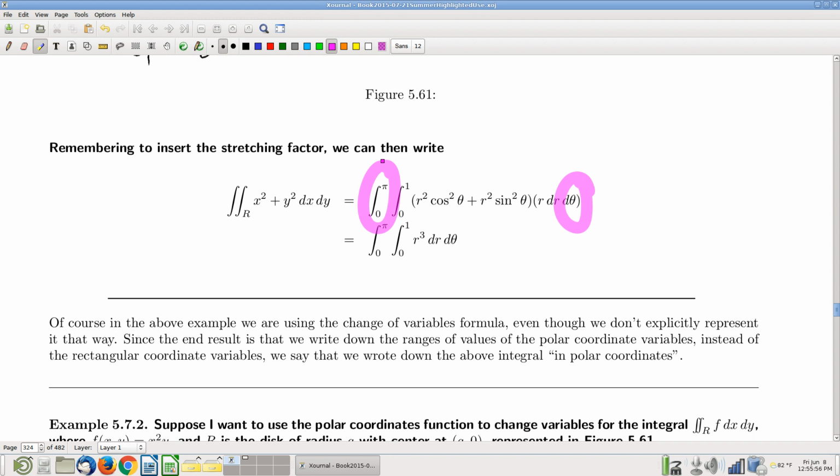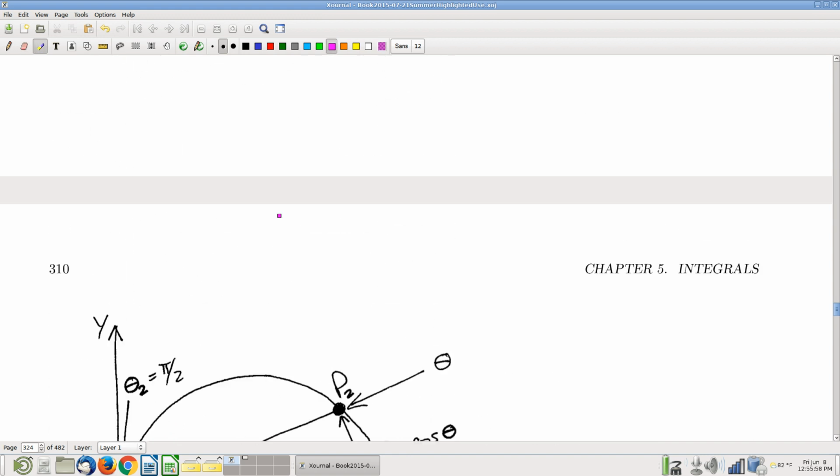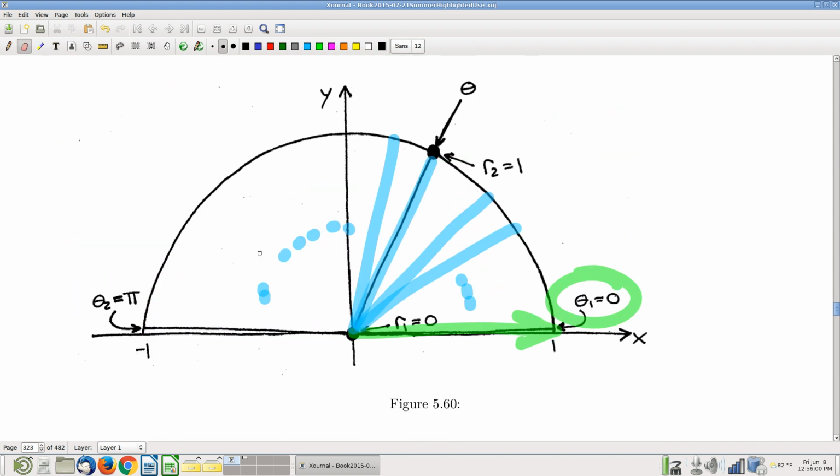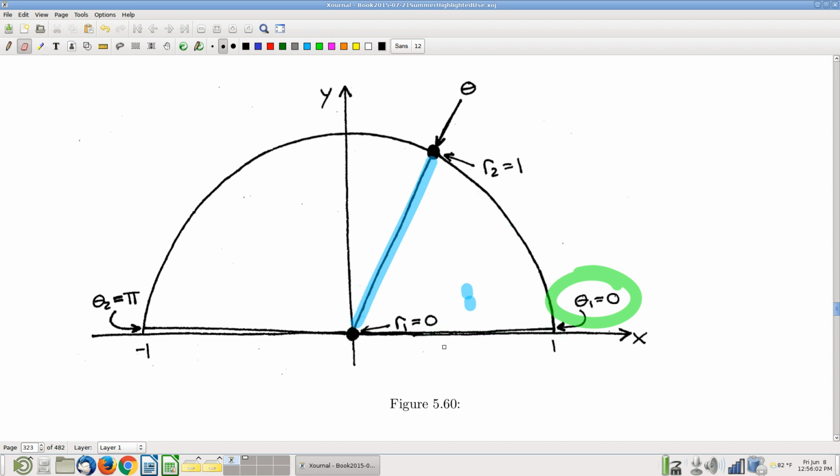Okay, now what about the r bounds? For a given value of theta, we know the range of values of theta now, so we're going to focus our attention on a single particular value of theta. On this particular value of theta, I want to know the range of values of r. Well, r starts there at the origin, which is where r is equal to 0. It ends at that point.